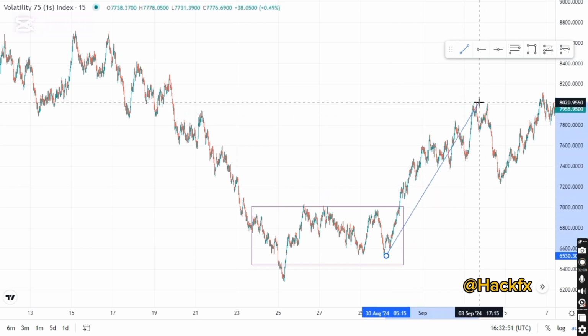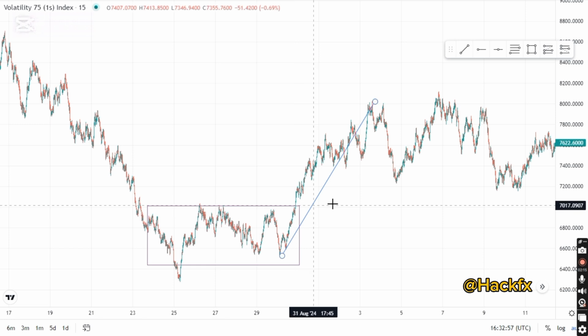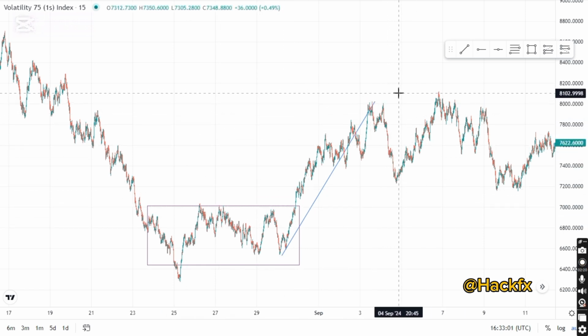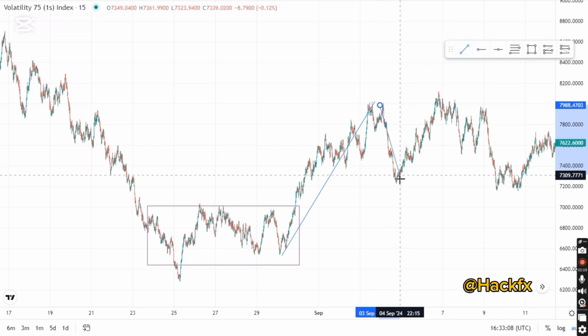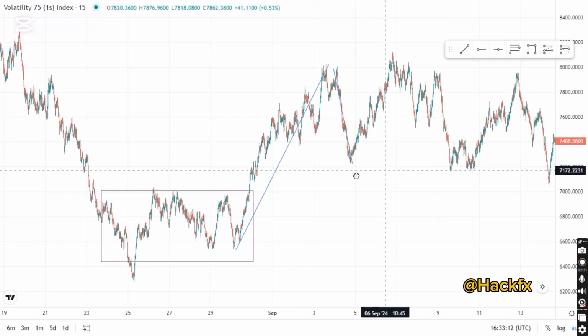Now after a breakout, there's usually a retracement. See, it came down to this point and was just dancing around.